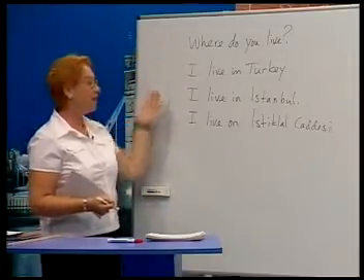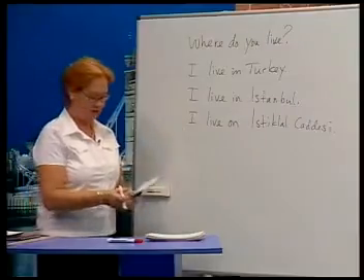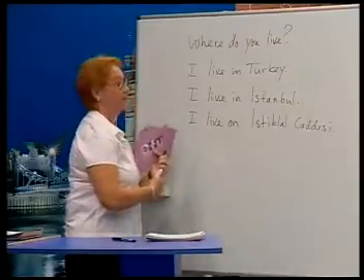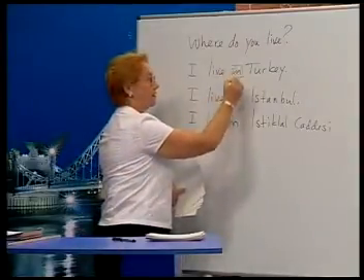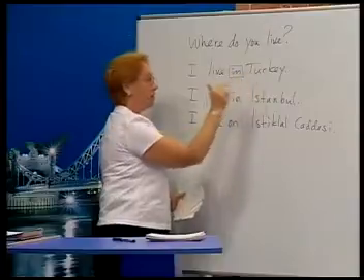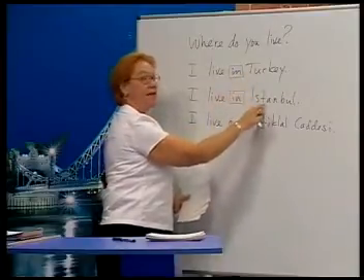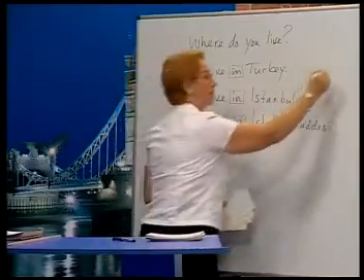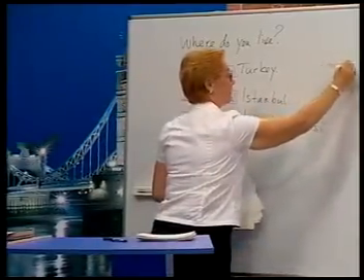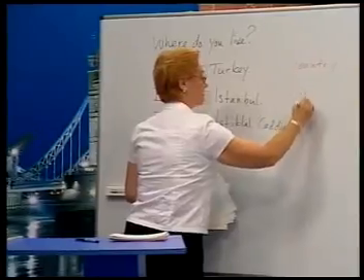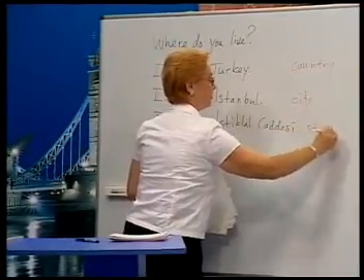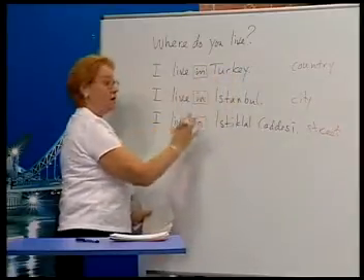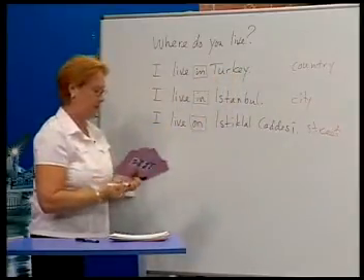Where do you live? I live on İstiklal Caddesi. Notice that we live in a country, in a city, on a street. In a country, in a city, on a street.